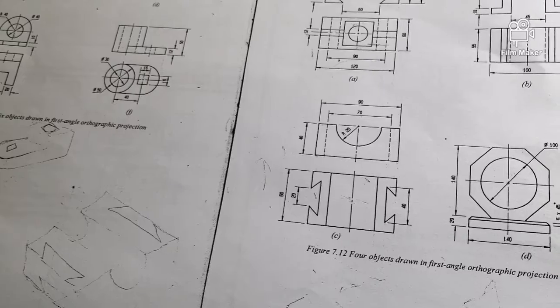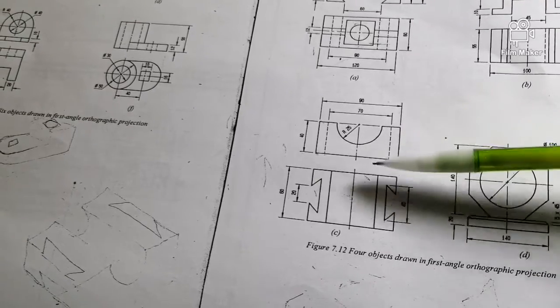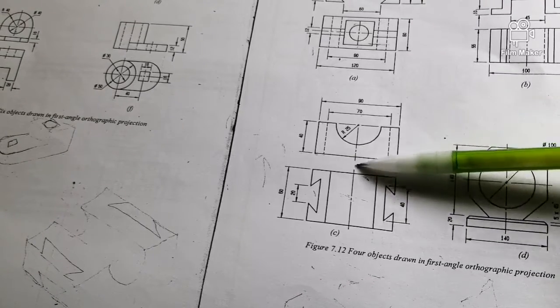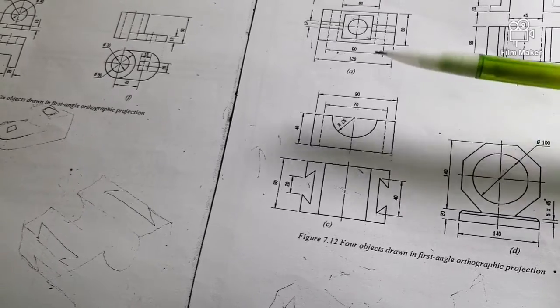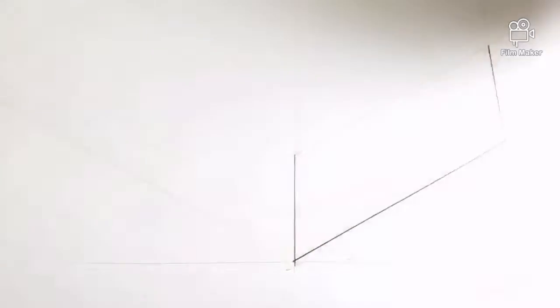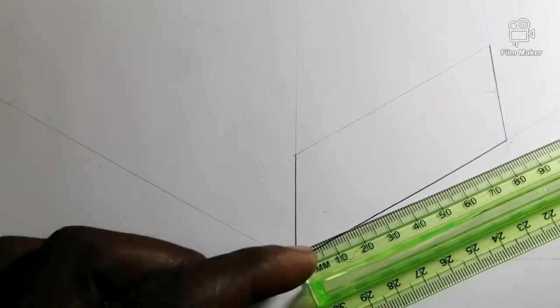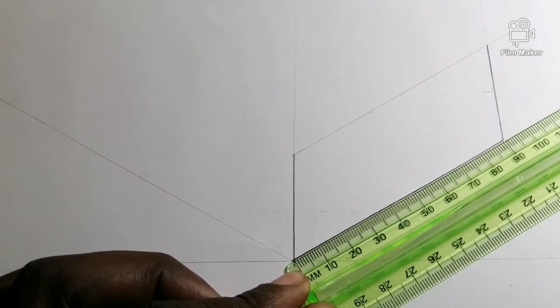You understand? Right, if you check very well in our front view, from here till here is 90, we've got a center. This is the center line that is equalizing the 70 and the 90. So we are going to say 90 divided by 2. If you are dividing 90 by 2, we are getting what? 45. So let's get the center.